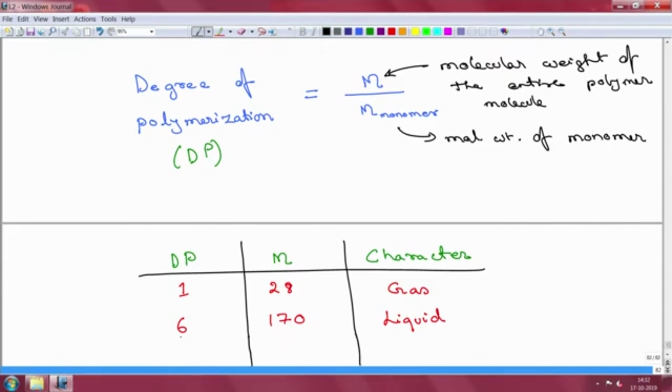And if you have a dP of 35, then your molecular weight, again it depends on the particular system that you are dealing with, you will end up with a grease.